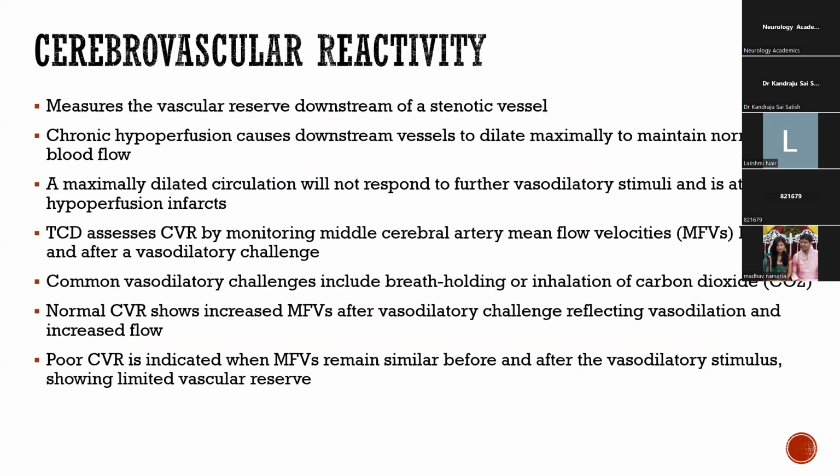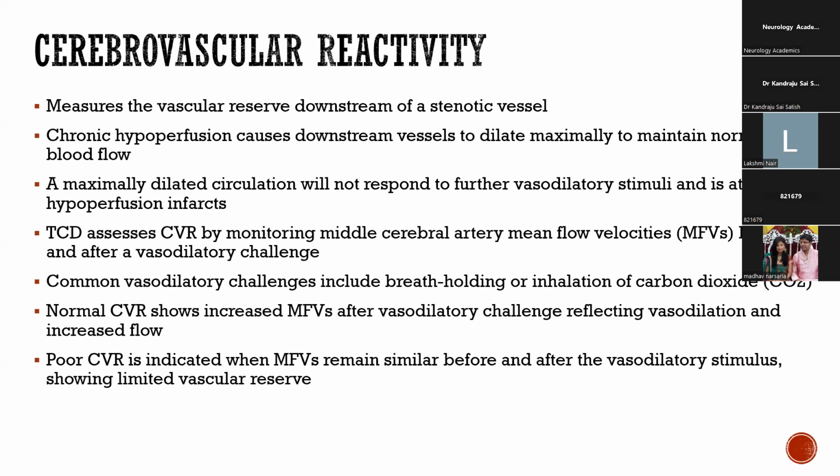Okay. So now another thing that we can measure with TCD is the cerebrovascular reactivity. It measures the vascular reserve downstream of a stenotic vessel. The chronic downstream vessels dilate maximally to maintain a normal blood flow. And a maximally dilated circulation will not respond to further vasodilatory stimuli and is at risk for hypoperfusion. In the TCD, we assess the CVR by monitoring the middle cerebral artery mean flow velocity before and after a vasodilatory challenge.